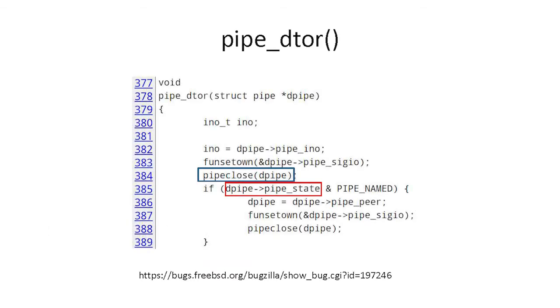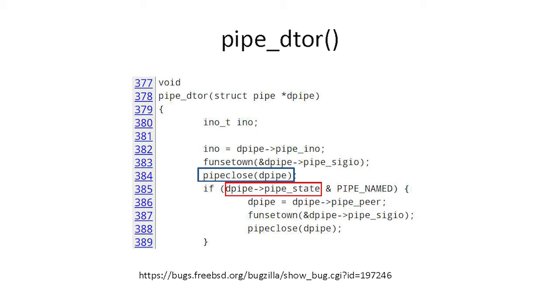Now I will share my experience. I used the improved version of MemoryGuard to find some new bugs in the FreeBSD system. The first one is in the pipe destructor. When you call pipe close, it will free the dpipe memory.